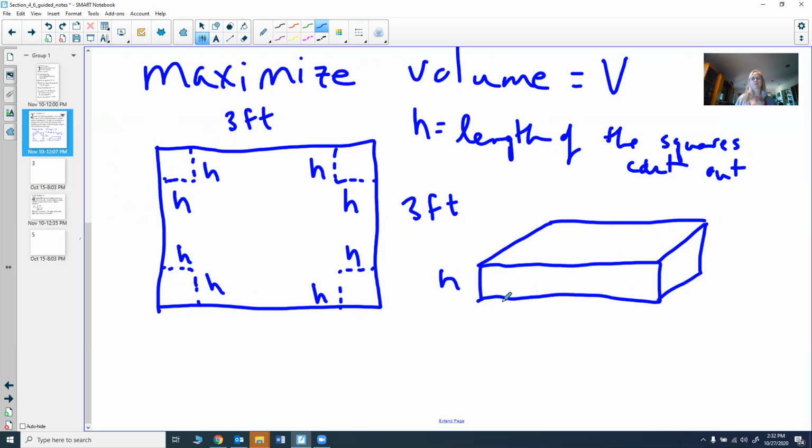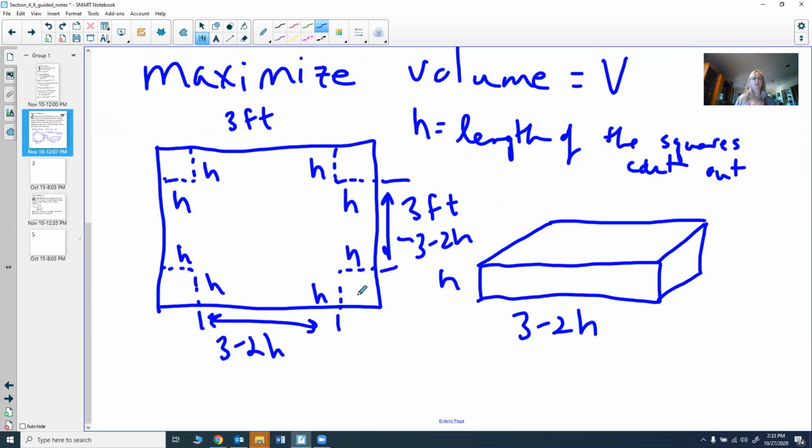Those are H's there. And one of the things I notice is from here to here, this length here, the whole thing was 3, and I took out 2 H's. So this is 3 minus 2H. So this length of this side over here on the box is 3 minus 2H. Over here, same thing. This length here is also 3 minus 2H because we took out the 2 H's.